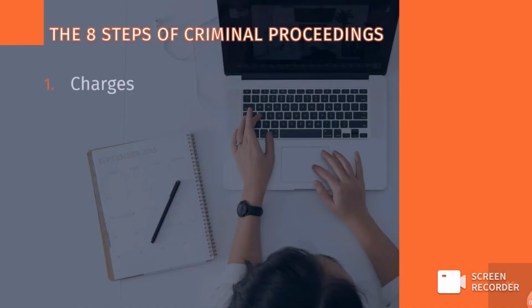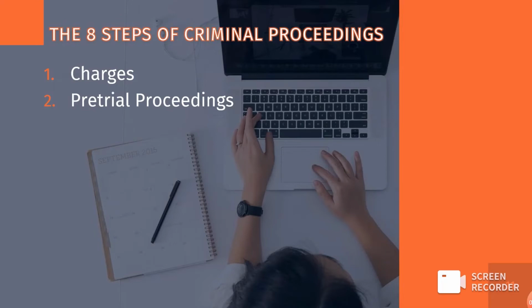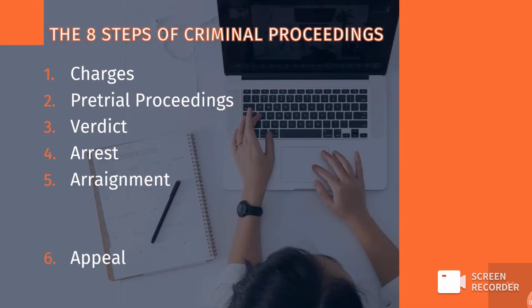Now, here's an example of sequence. Here we have the 8 steps of criminal proceedings. The first step is charges. It's followed by the pre-trial proceedings, the verdict, arrest, arraignment, appeal, sentencing, and lastly, we have the trial.